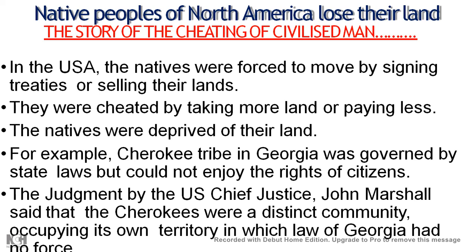He said that the Cherokee were a distinct community occupying their own territory in which the law of Georgia had no force.